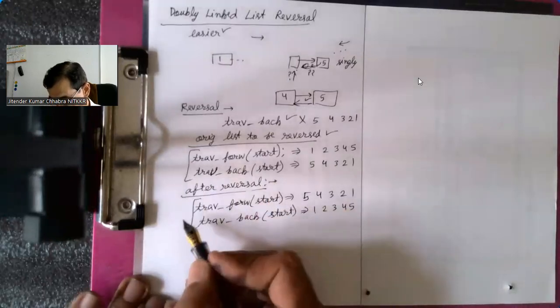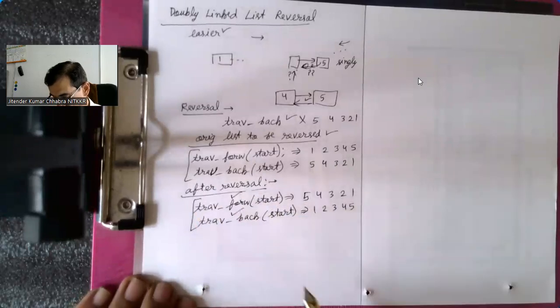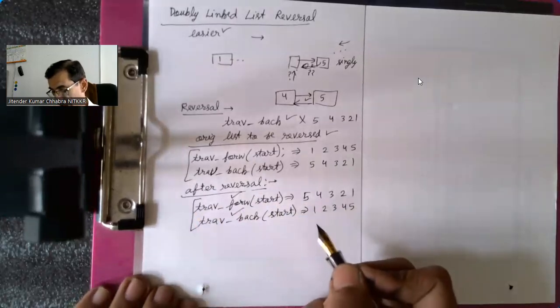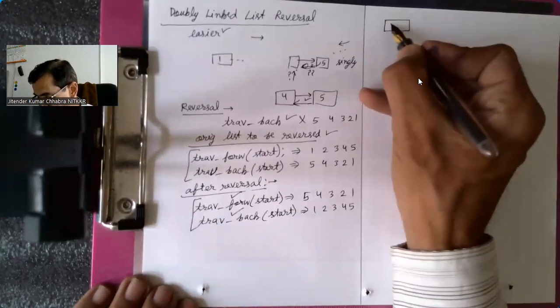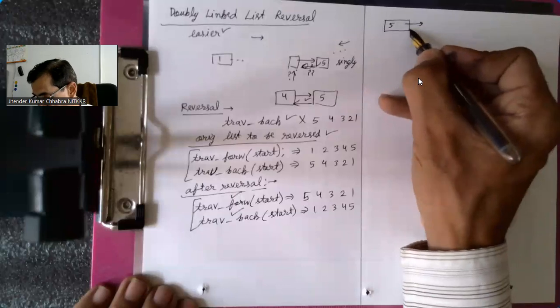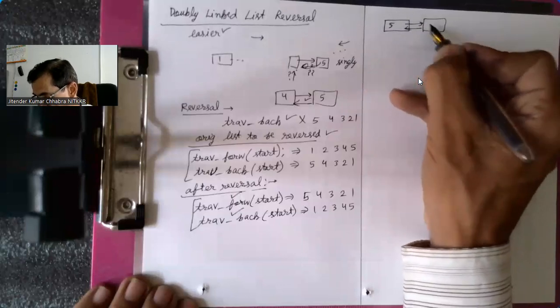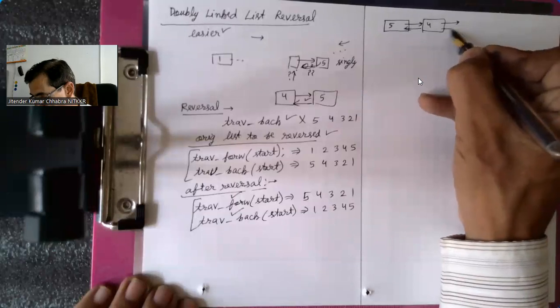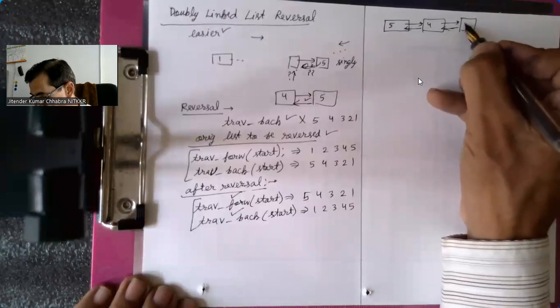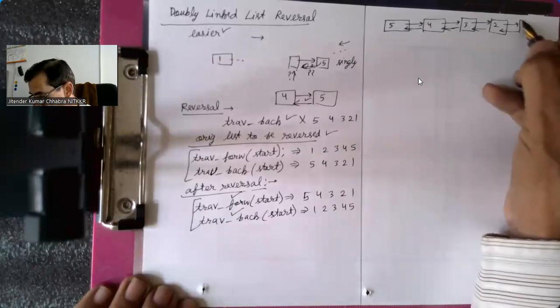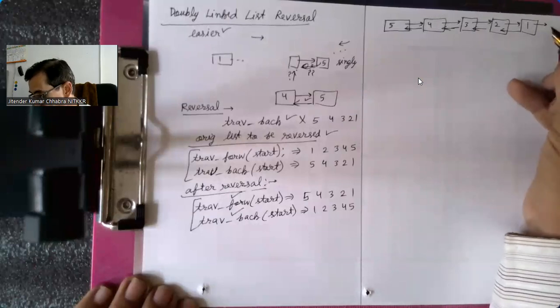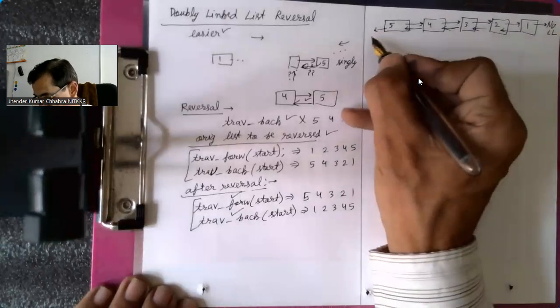This effectively means after reversal, the same traversal functions should be able to display. Again, it means my list primarily should get stored as 5, forward pointer here, back pointer here. 4, forward pointer this, backward pointer this. 3, forward like this. 2, forward, backward like this. 1, forward null, and this backward was null.